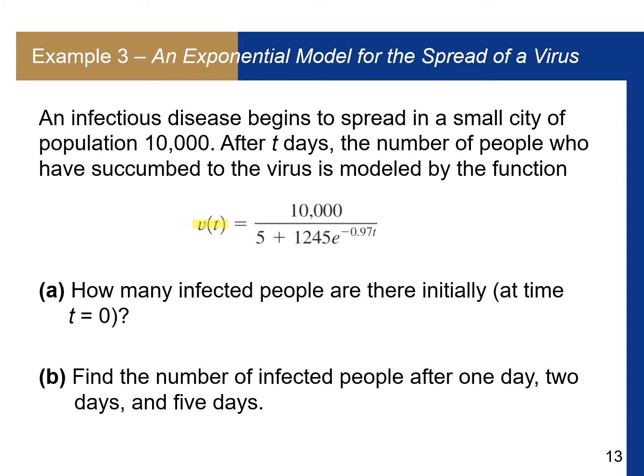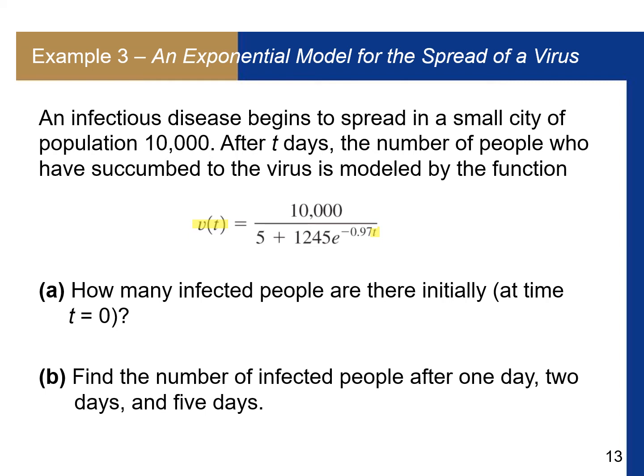Time would be 0 because that's your initial value. There has not been any time that has gone by. So if you make that 0, then e to the 0 is 1. So you're going to have 5 plus 1245 on the bottom and 10,000 on the top.